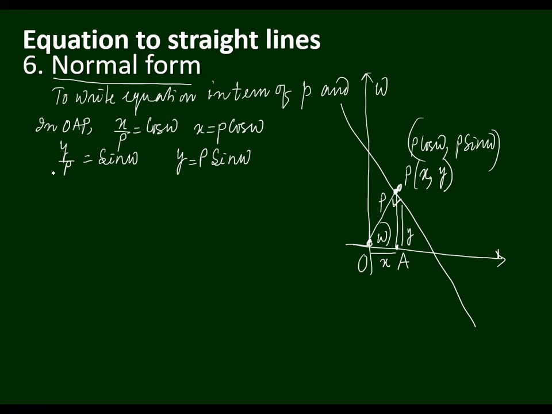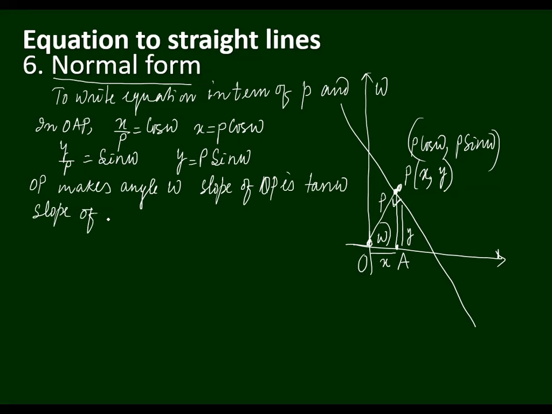Now we need the slope. How to get the slope? OP, the normal or the perpendicular, makes angle omega. So what is the slope of OP? Slope of OP is tan omega. Then what will be the slope of the required line?